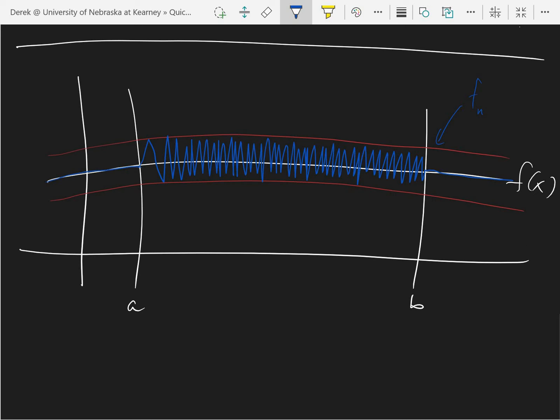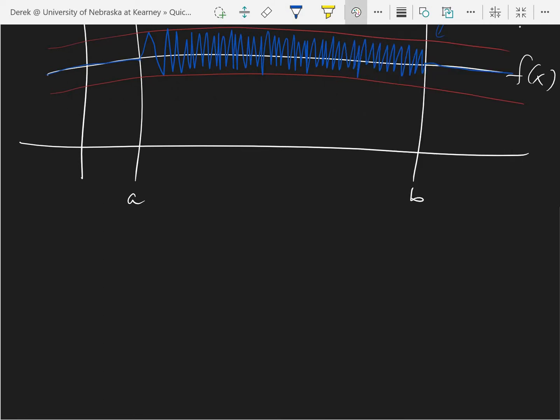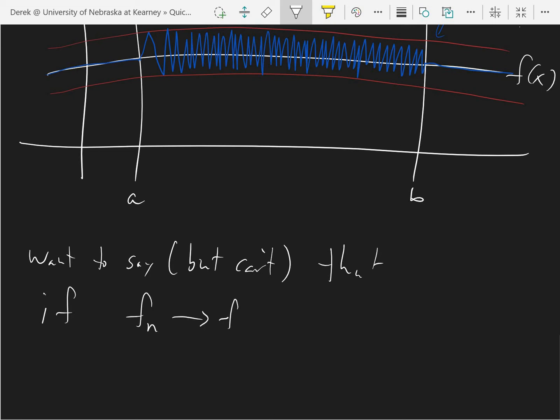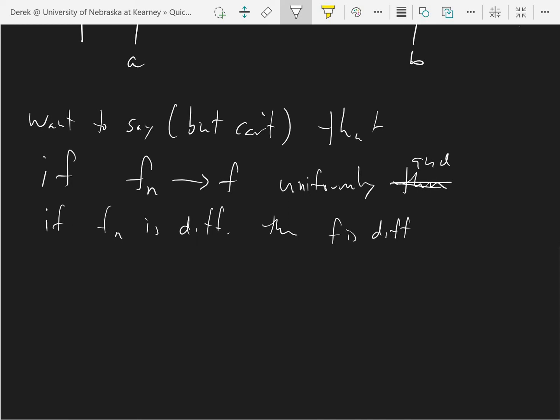So that's the reason why it doesn't work very well. We would like to say the same sort of theorem, but can't: that if f sub n converges to f uniformly, and if f sub n is differentiable, then f is differentiable, and f sub n prime goes to f prime.